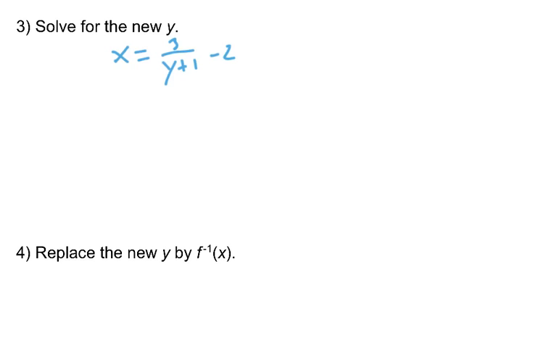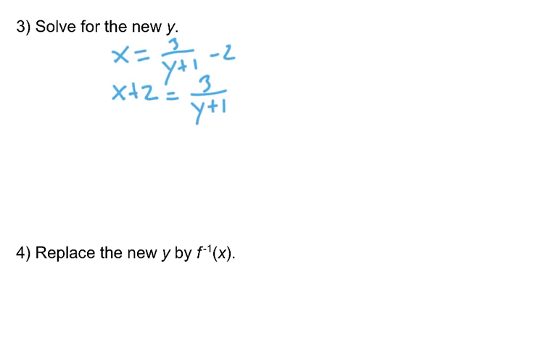Now, what strikes me here is that we don't really like having variables in denominators. It'd be really nice if we could just get rid of that. I think it might make sense first to add 2 to both sides of the equation. X plus 2 equals 3 over y plus 1. But then if only that fraction were not there, our life would be easier.